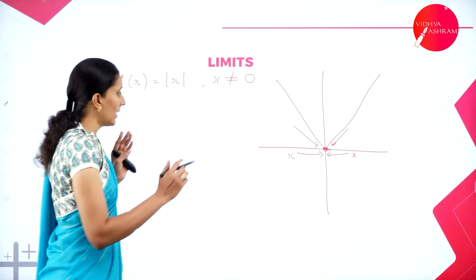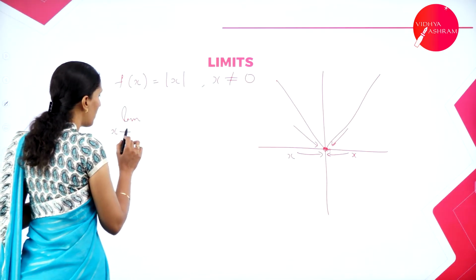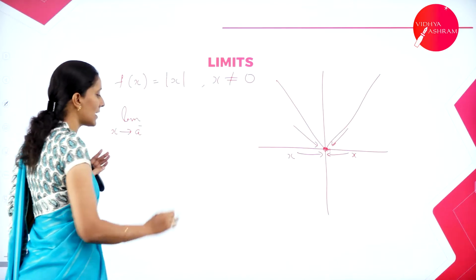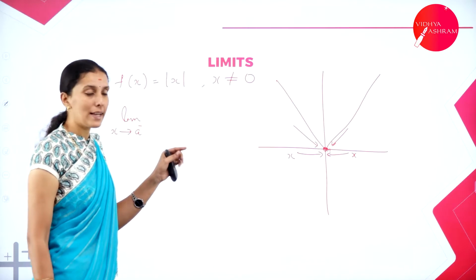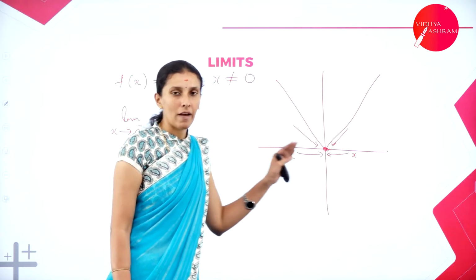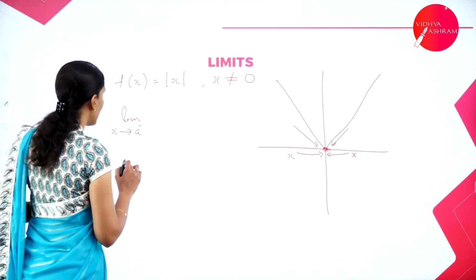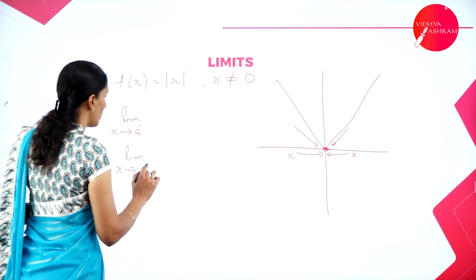So we say the limiting value as x approaches from left side, we'll write it as x tends to a minus. Minus implies we are taking the value near to the given value from the left side, and the limiting value from the right side, we'll write it as x tends to a plus.